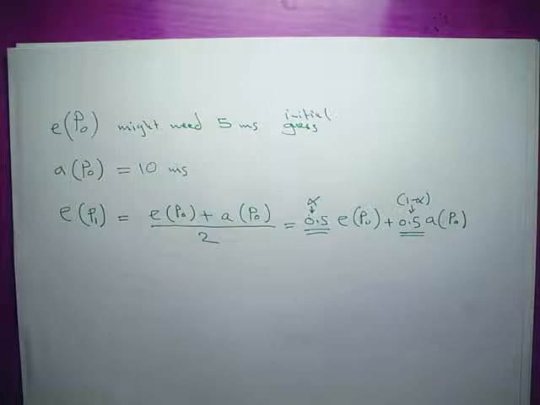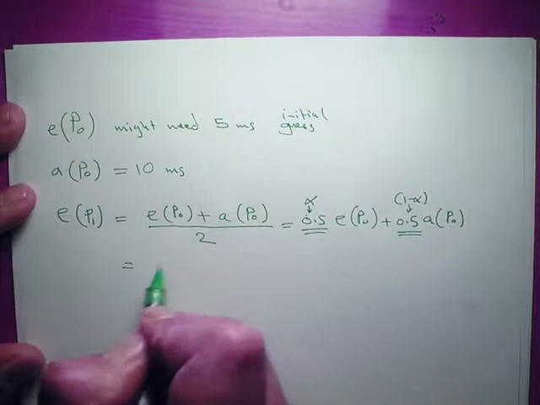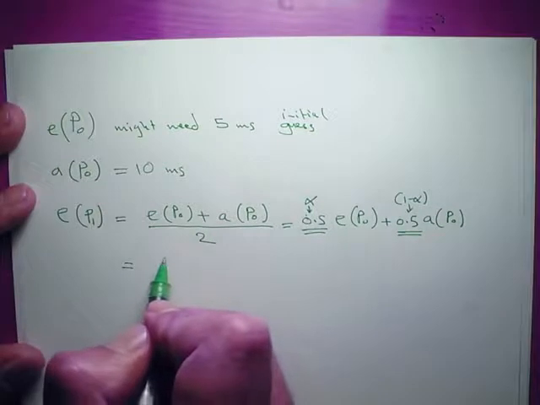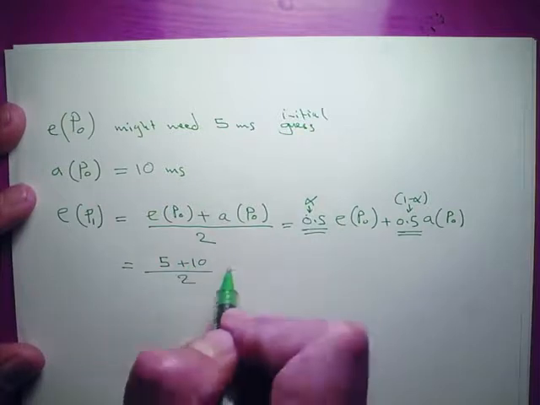But I can give alpha something else. I can give alpha 0.3, and by that, I will give 1 minus alpha 0.7. That means I'm giving more weight to the actual CPU burst time than to the expected one. Let's just proceed with the same weight. Then I will have 5 plus 10 divided by 2, and that equals what?